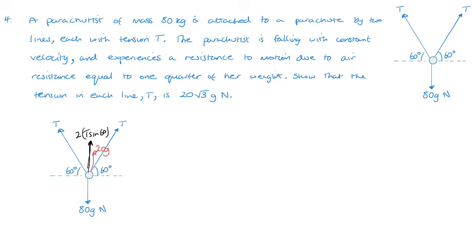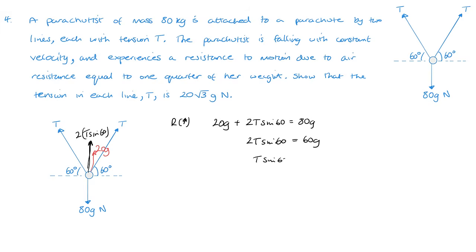So now if we resolve vertically, we've got 20g plus 2T sine 60, and that's equal to 80g. So 2T sine 60 is equal to 60g.